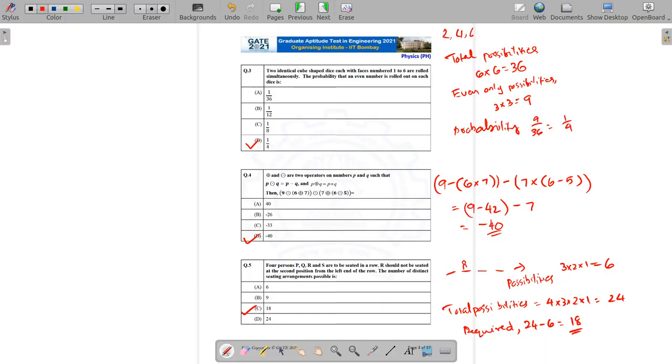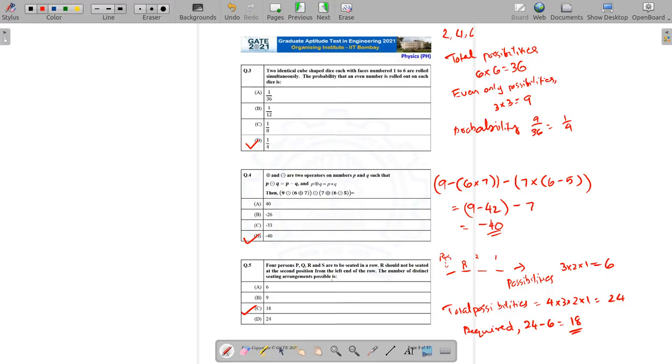So if you put R here, then P, Q and S can be here. If any of them is fixed, then there are 2 other possibilities here and another 1 possibility. So that means 3 into 2 into 1, which is 6 possibilities with this combination.